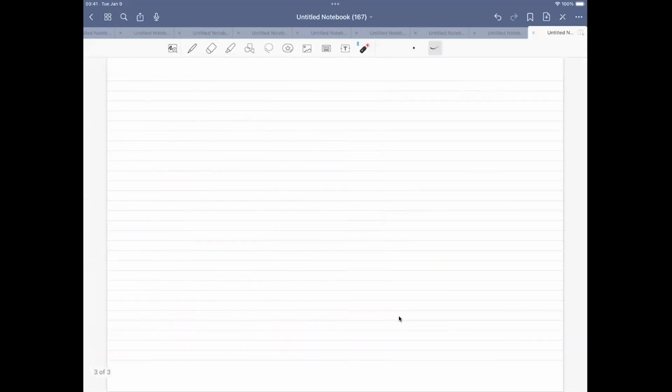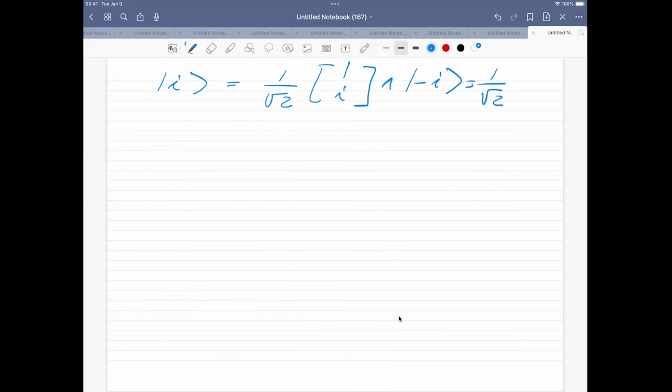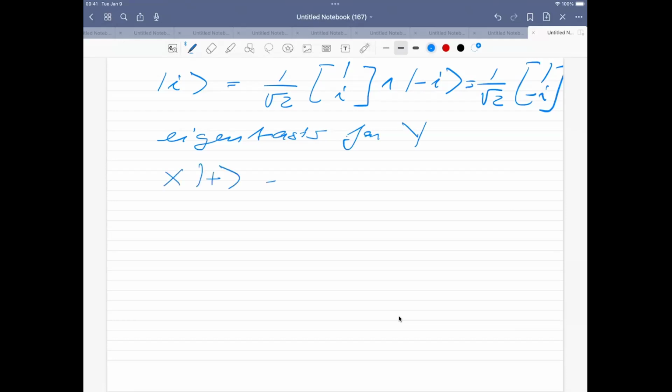Suppose I just take these ones, but I could actually choose a new basis, the basis which I call i, which is 1 over square root of 2 of 0 plus i times 1, and one which I call minus i, and that is 1 over square root of 2 of 0 minus i times 1. That's an eigenbasis for Y. And you see that immediately, because if I act with X on plus, that gives me just plus 1 times plus.